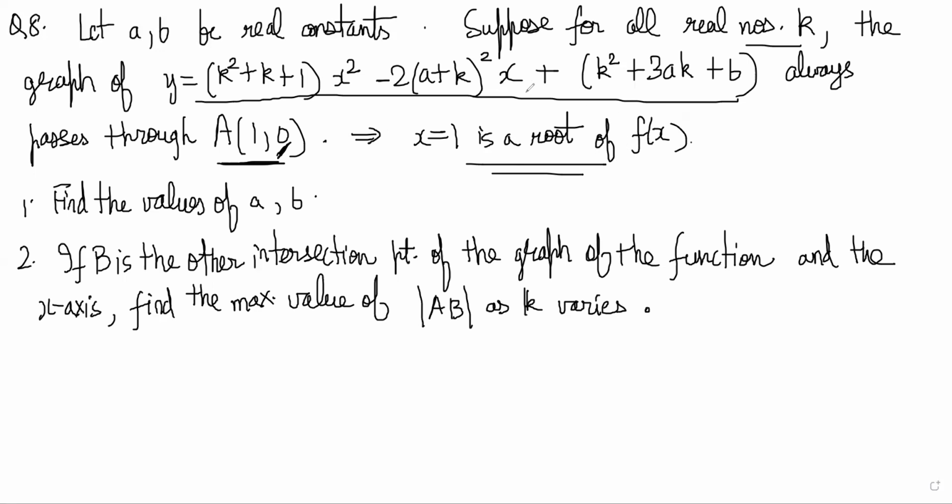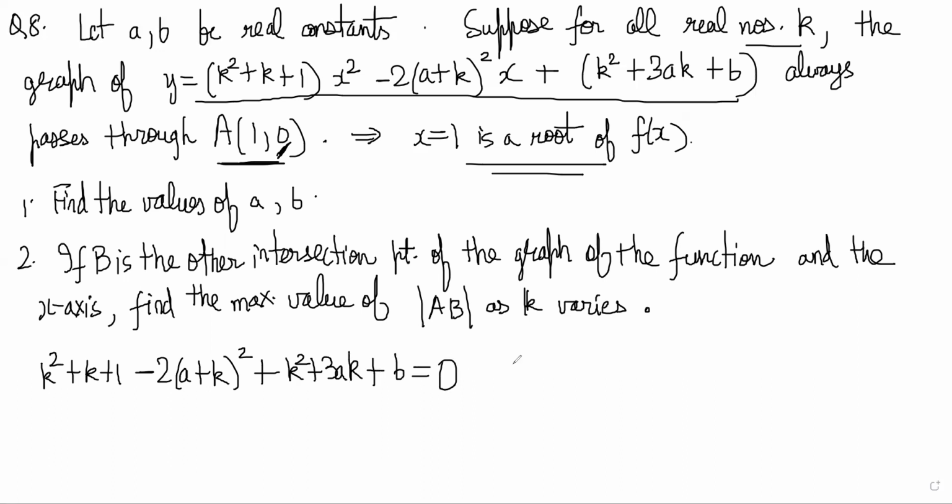So if you just put x equals 1 in that, what will happen? We'll say k square plus k plus 1 minus 2 times a plus k whole square plus k square plus 3ak plus b equals 0. This must always be true for all real numbers k, right?